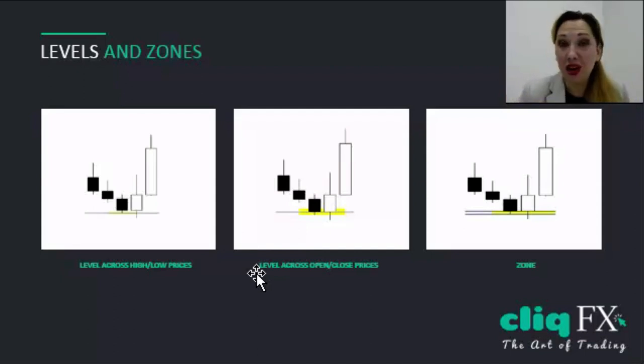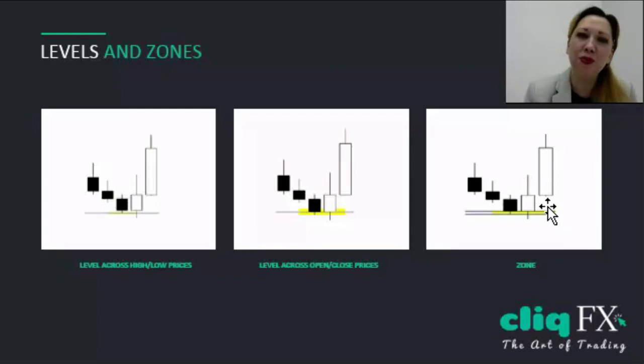That's why sometimes it must be drawn across the tails or shadows, and sometimes across the bodies of the candles, forming a zone, not a single line. And there is a third myth that says you need to go deep down in the history and find all the levels that you can see and recognize. Actually, what you need to do is go to a higher time frame and check for the strong prices.